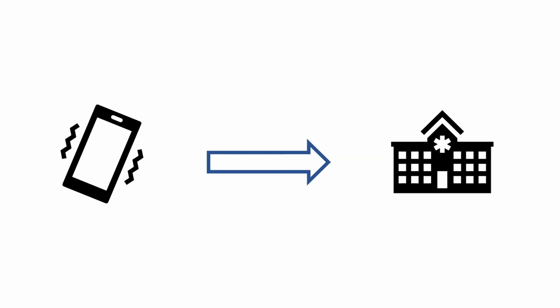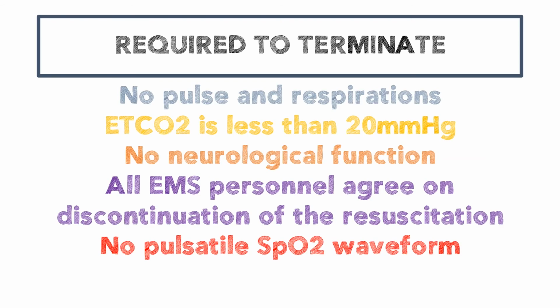All right? It is that easy. If you're not sure what to do, just pick up the phone. You do not have to make this decision in a vacuum or in a silo. You don't have to make it by yourself or even with your team. If your team can't decide on the proper course, then pick up the phone and call medical control.